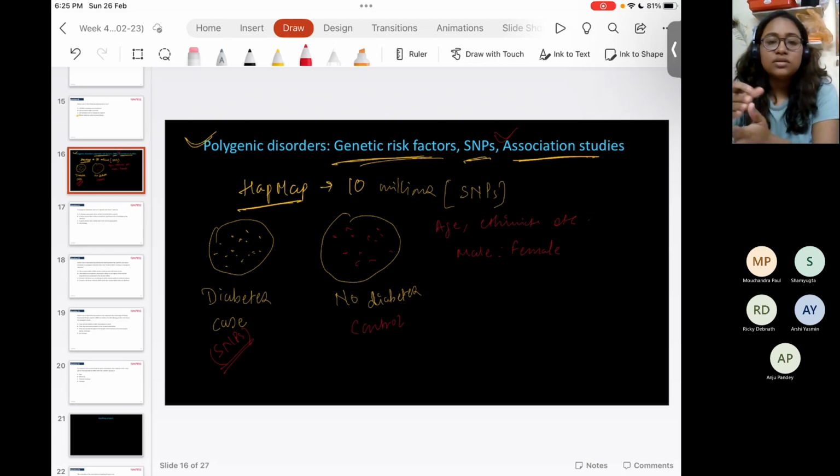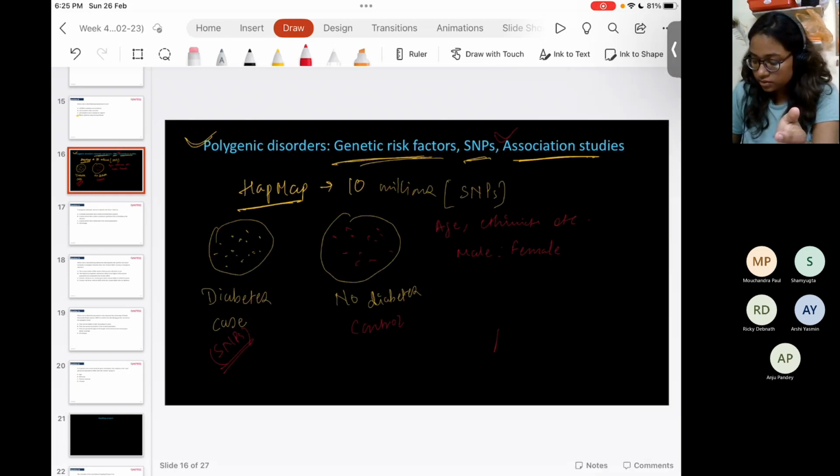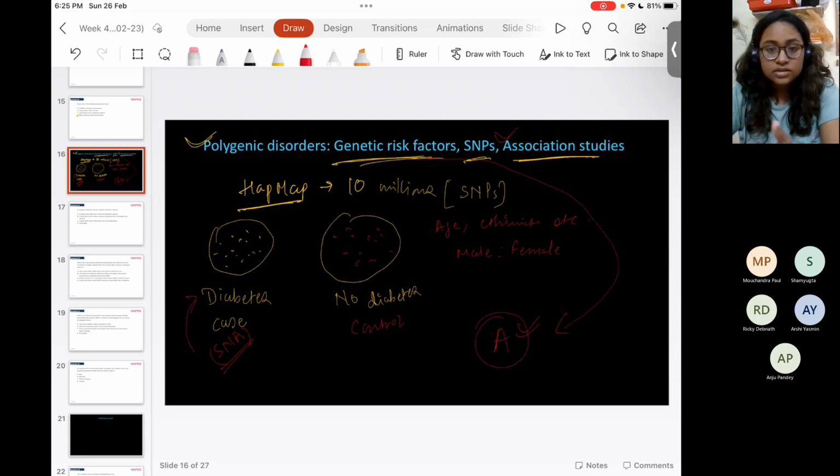So if any other person, say person A, has the SNP that has been associated with diabetes, this person A will have a higher risk of developing the disease.